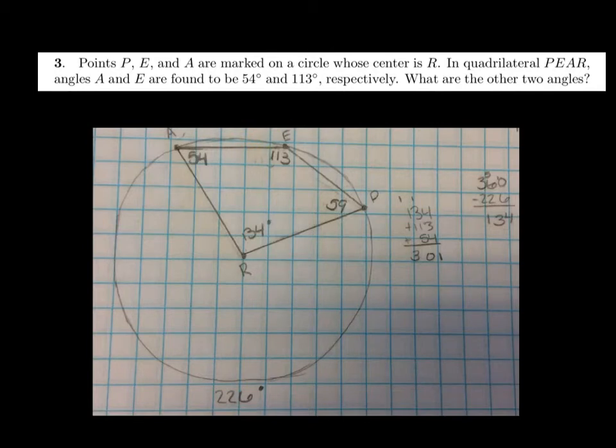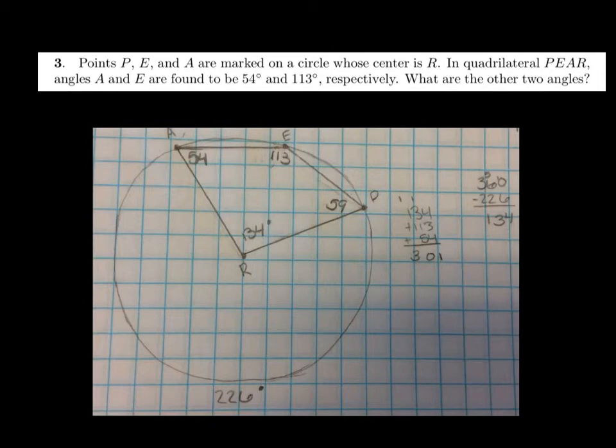So what I did initially was I used the inscribed angle to find the lower portion of the arc. Because I know that, I can find the upper angle, which was 134 degrees.